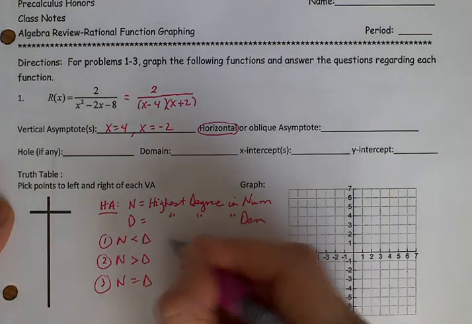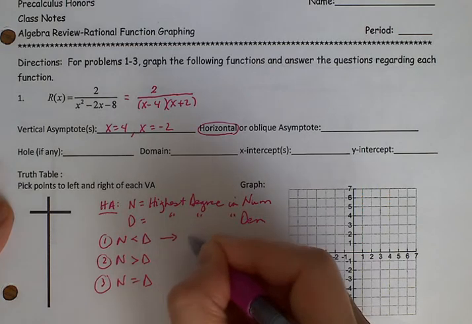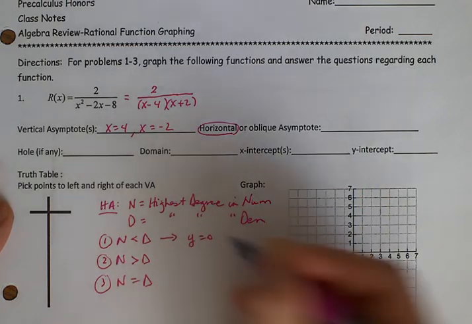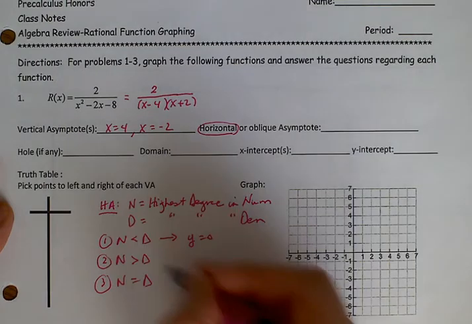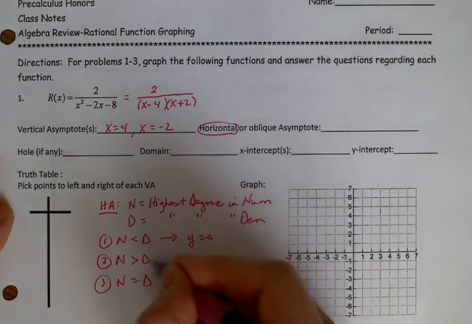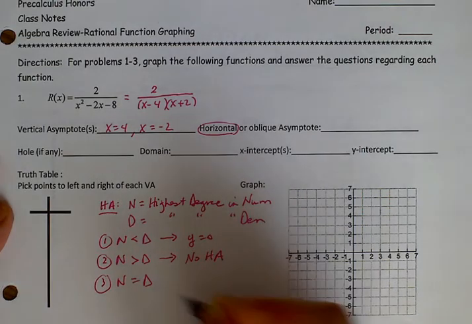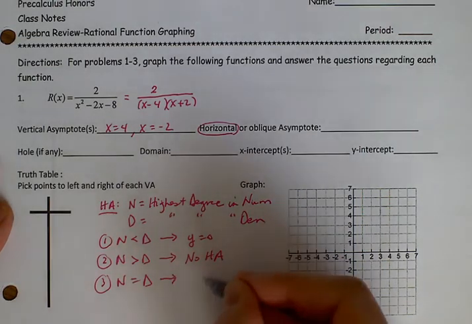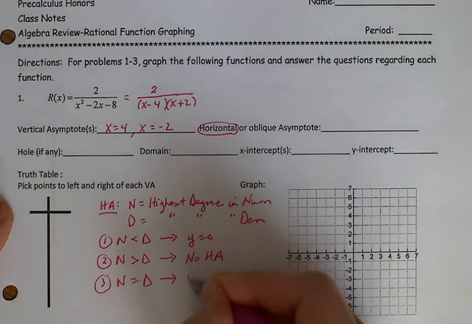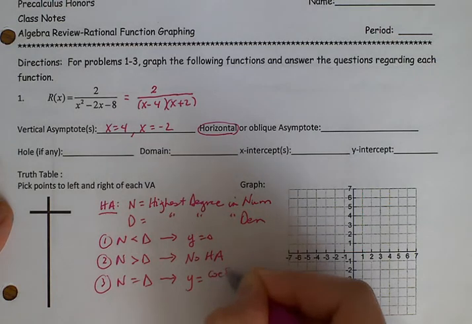If the numerator's power is less than the denominator's, then you have a horizontal asymptote at y equal to 0. If the numerator's power is greater than the denominator's, then there's no horizontal asymptote. And if the numerator's power is equal to the denominator's power, then y equals the coefficient of the numerator divided by the coefficient of the denominator.